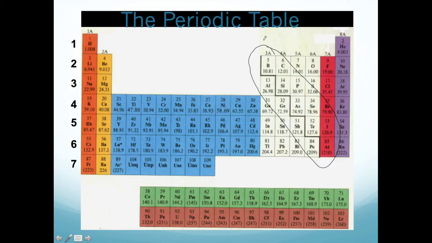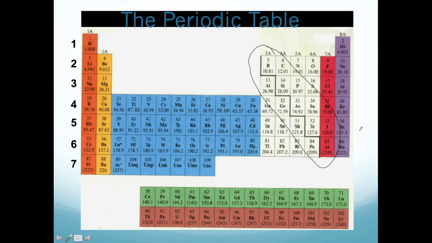Things to the left of this border, including the lanthanides and actinides, because they're inserted over here, are what we call metals. If you ever forget, the names alkali metals, alkaline earth metals, transition metals should give that away, that the metals are towards the left of that border. Things to the right of the border, in the top right corner of your periodic table, are non-metals.